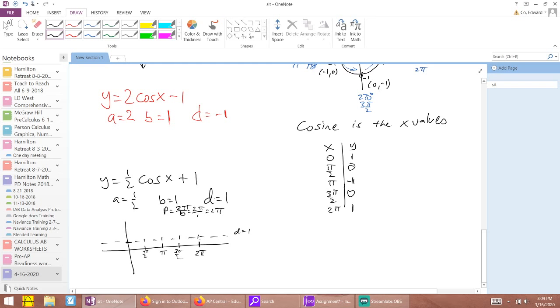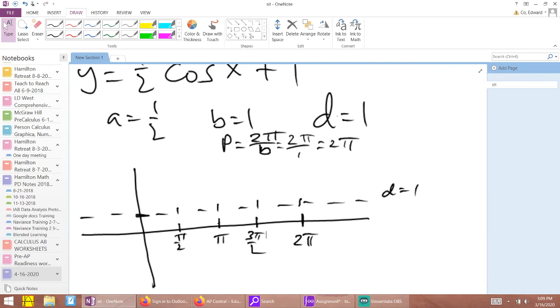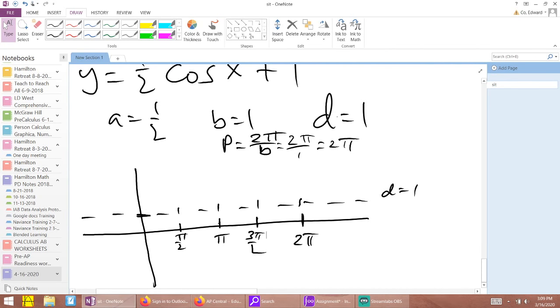Now the A value is going to be a little tough here. I'm going to zoom in a little bit. So remember, our A value is my amplitude. So from the center, we are going to move half up. If this is 2 and this is 1, half up would lead us right in the middle there.